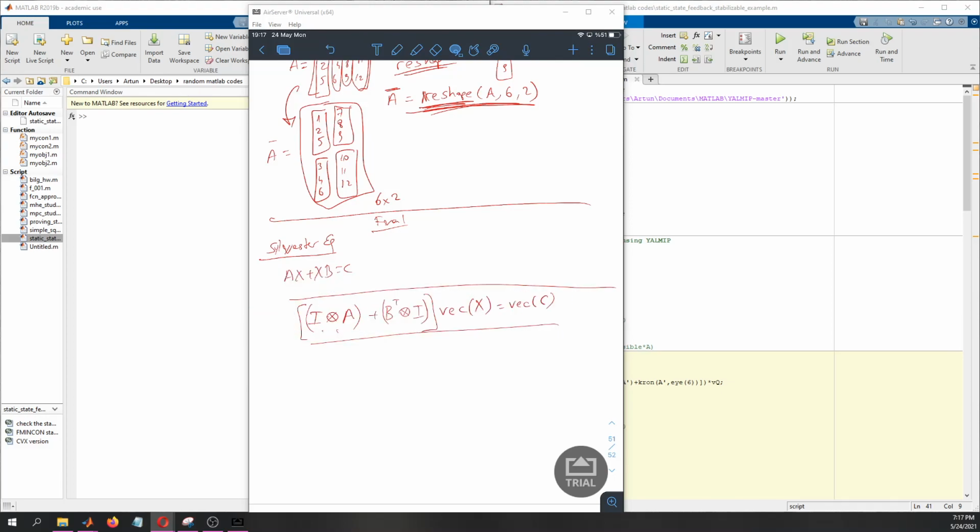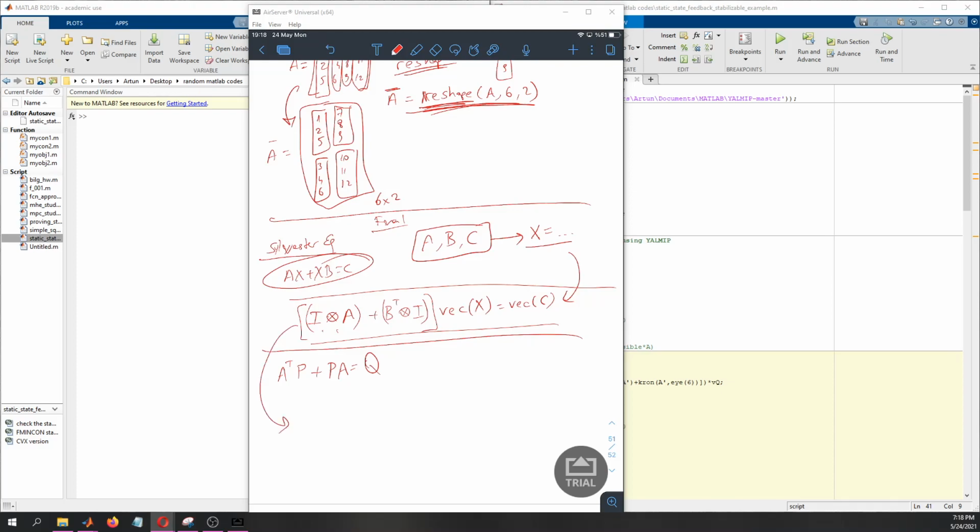All right, when we have this type of equation and we know A, B, and C, X is given by this computation. So let's apply this to what we have, the Lyapunov equation, A transpose P plus PA equals Q.